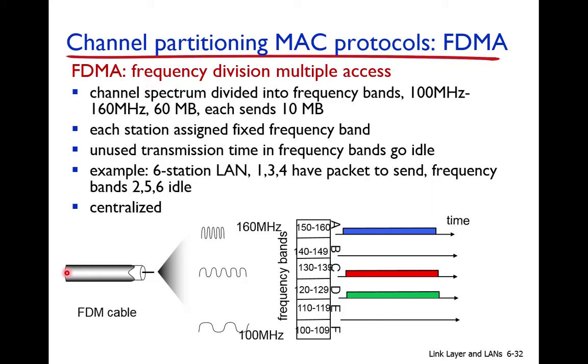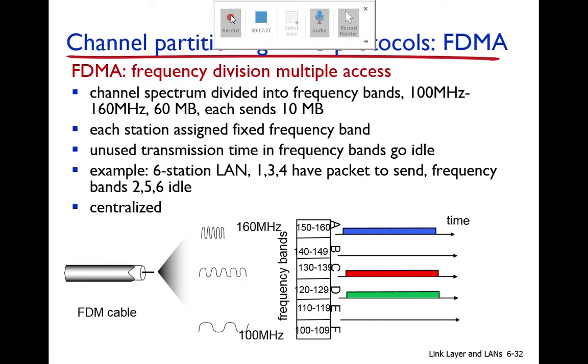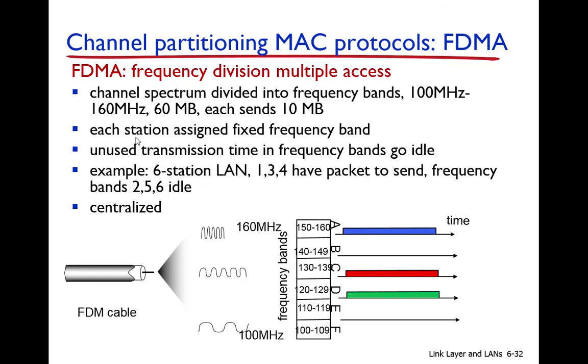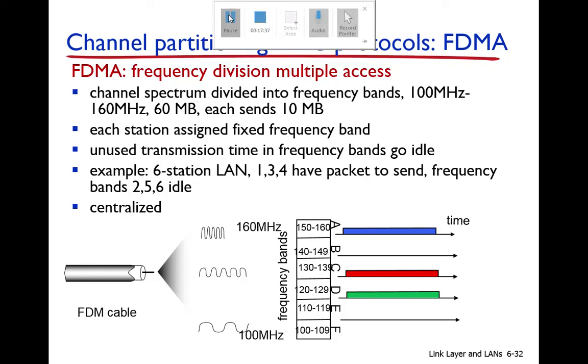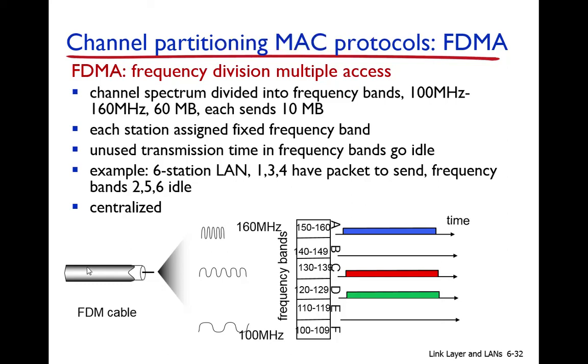We know that, for example, this is a link, a channel. Suppose this is a shared medium or a channel. We know that when the channel is transmitting the data, it supports a certain frequency.